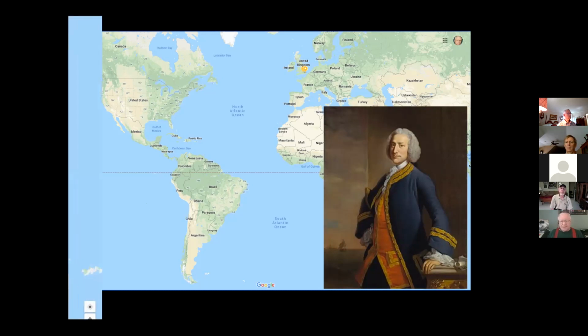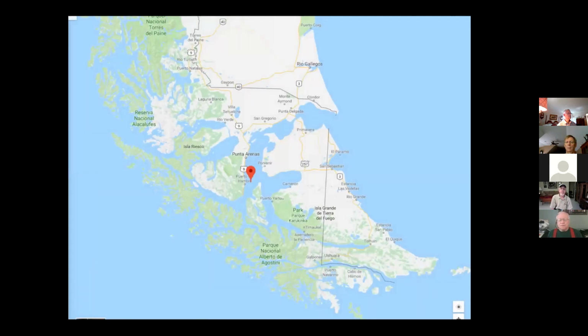So here's a close-up of the map showing the general area of where the Straits of Magellan are. And right where my arrow is right now is essentially the entrance to the Straits of Magellan.